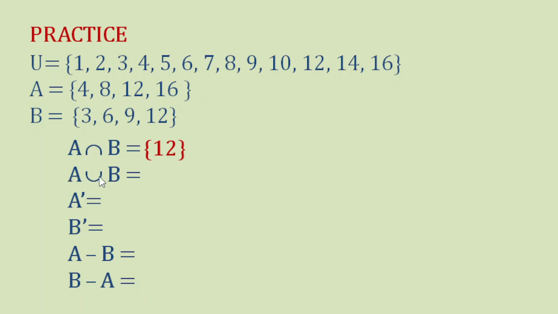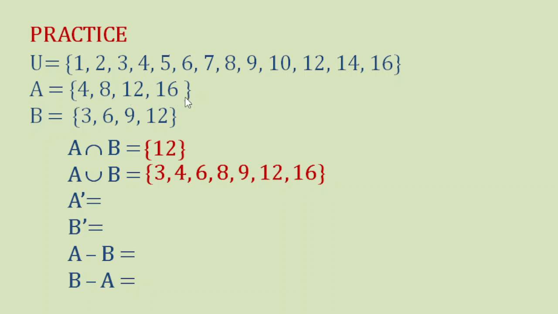Now, A union B. These are the elements of A. These are the elements of B. So A union B, meaning to say we will just list down all the elements we have in A and B without repeating any element. So the elements are 3, 4, 6, 8, 9, 12, 16. Now A prime.